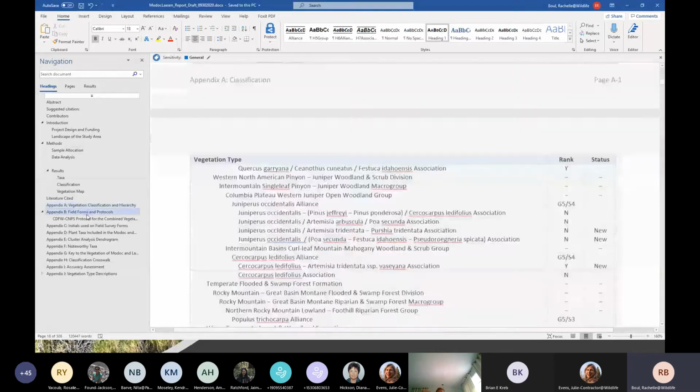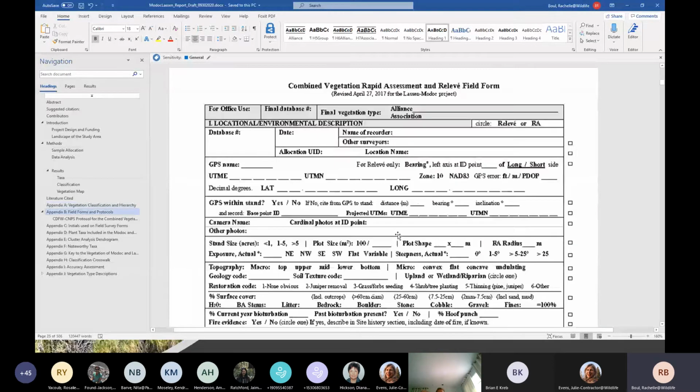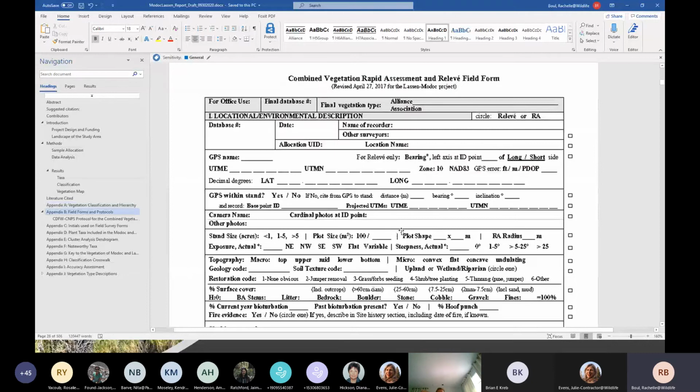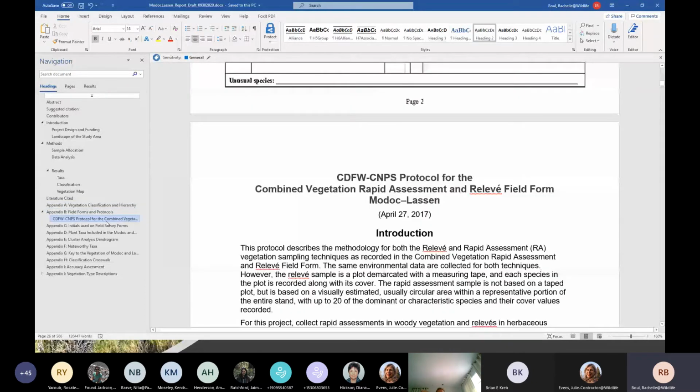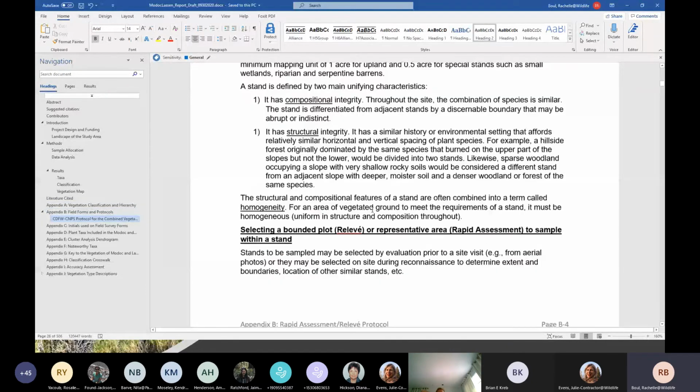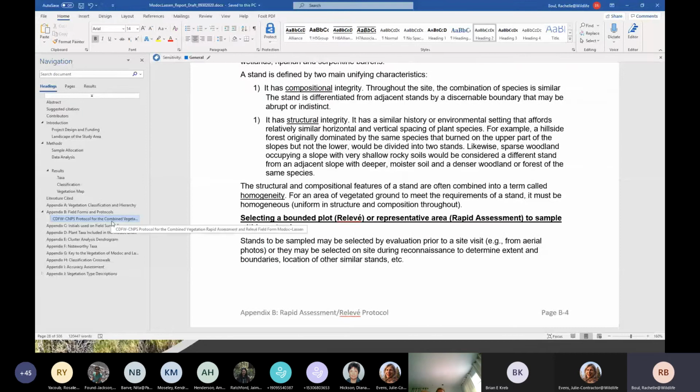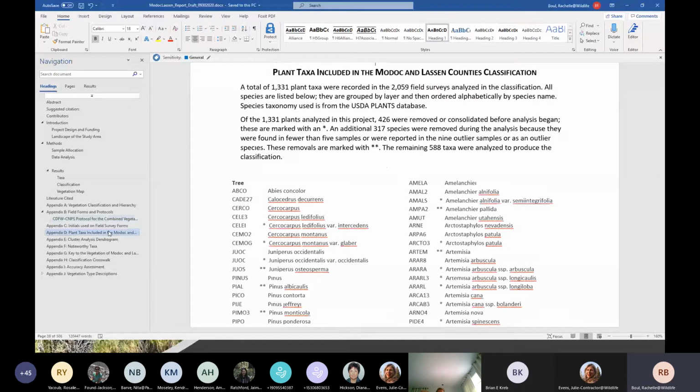You have Appendix B, which is that field form, the rapid assessment relevé field form that I mentioned, as well as the protocol, everything you'd want to know about how to do that survey in here. The plant taxa included in the data analysis and how we dealt with each of those things.